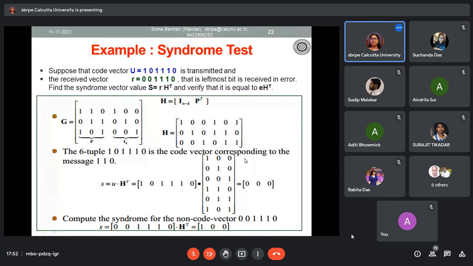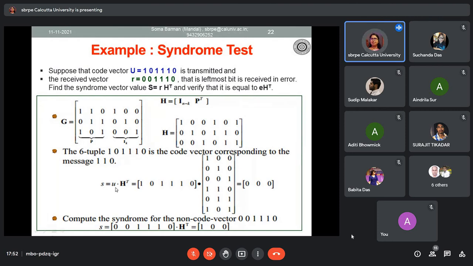So the columns of G transpose become the rows of the H matrix. Clear? Now we are considering S. S is R H transpose, and that is equal to U H transpose. Why are we considering U H transpose? Because R is generated from the transmitted symbol U. So we are testing here.